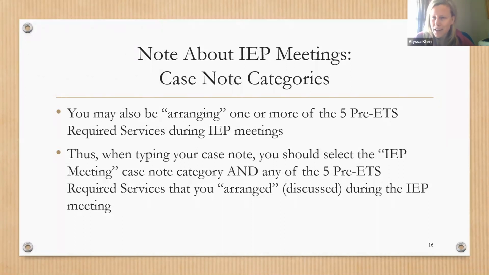You probably weren't providing many, but you may have or likely were discussing or arranging any of those 5 Pre-ETS services. So make sure that you enter those Pre-ETS case note categories as well.